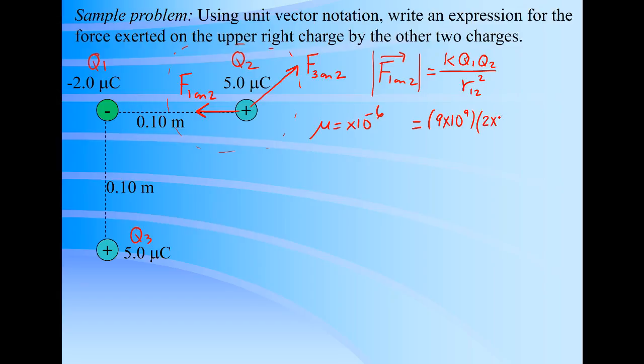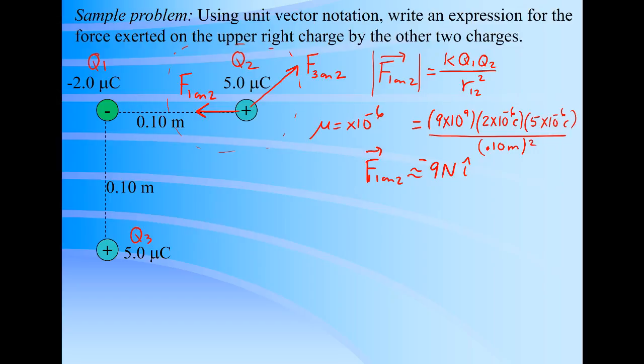Q1 would be 2 times 10 to the minus 6 coulombs. Q2 would be 5 times 10 to the minus 6. And then the distance would simply be 0.10 meters, but that would have to be squared. So that's going to give us an electric force of 9, approximately. So the force of 1 on 2 is about 9 newtons. Now what's the direction? Using unit vectors, it's in the negative i-hat direction. And you can see that from the diagram.